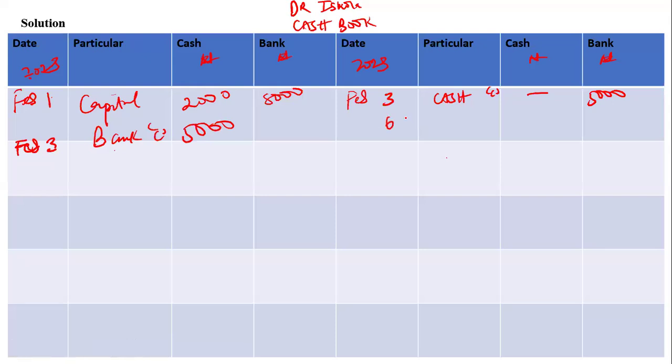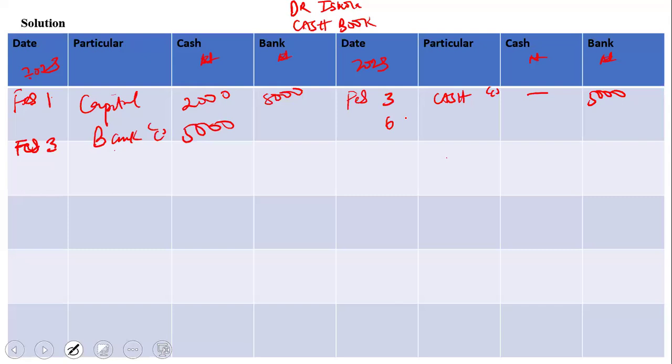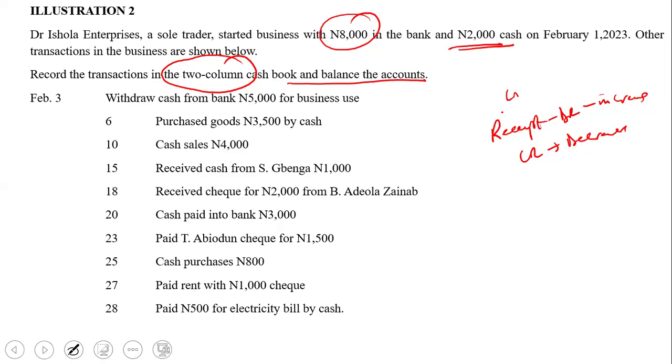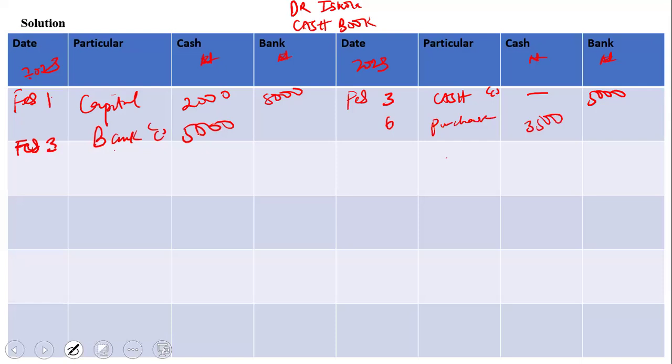February 6th, what did you do? Be very careful here now. Purchase by cash. So this is going to affect our cash. 3,500 purchases. It won't go to bank. Next, we have cash sales. It means they are making sales with cash. So this cash is going to increase. So February 10, we have sales, which is cash.